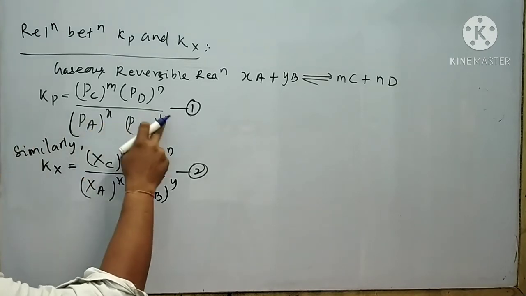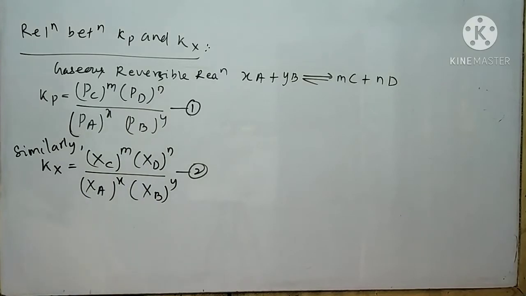Similarly, X, Y, M and N are the coefficients of A, B, C and D respectively. Here Xa, Xb, Xc, Xd are the mole fractions of A, B, C and D respectively.